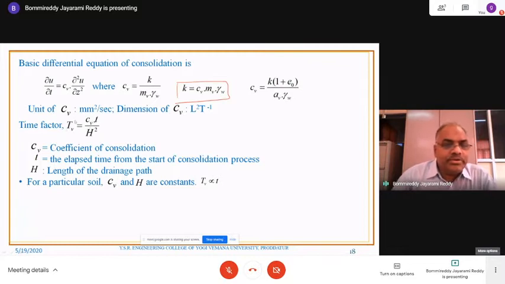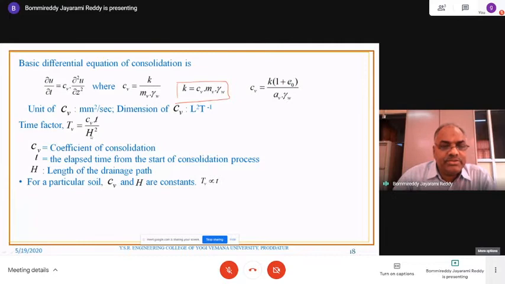Another important formula is the time factor. Time factor Tv = Cv t/H². Sometimes we call it D or sometimes H; it is called the length of the drainage path.